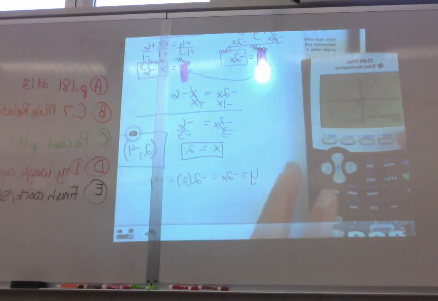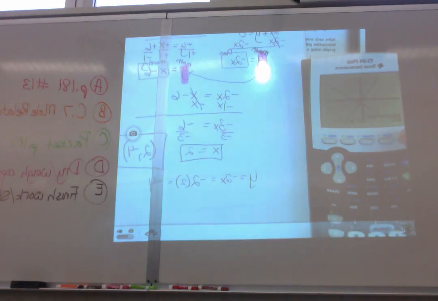I'm going to change my window to zoom that out. Or how about this? Zoom 0. Can I look at it even closer? No, it kept the same window. Yeah, that's worse. Okay, window, negative 10, 10.